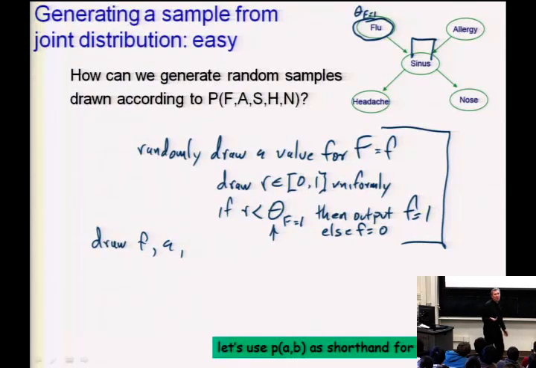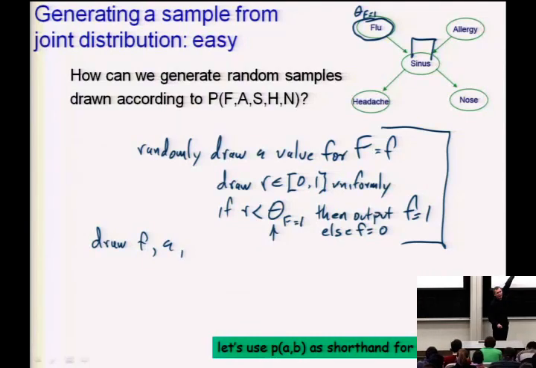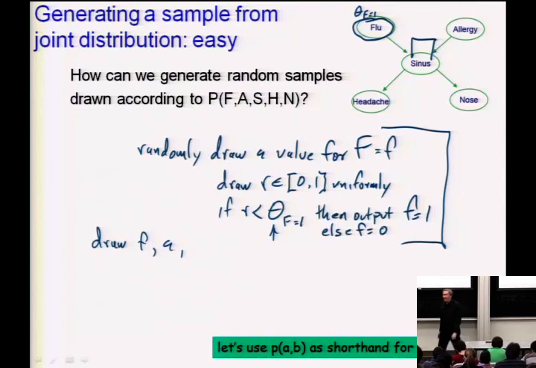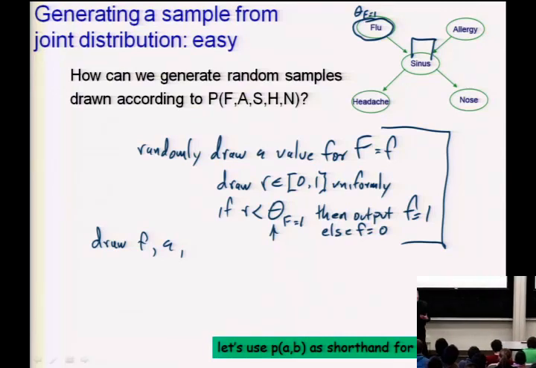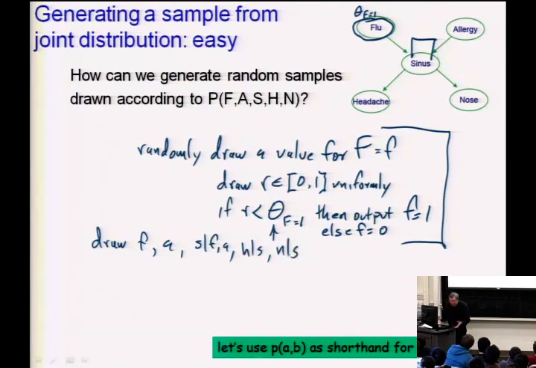This conditional probability table tells us how the value of S depends on F and A. We already have a value for F and A, so we just pick out the theta that's relevant out of the S conditional probability table. And so we draw an S given F and A. And then we draw an H given S and an N given S. And we're there.